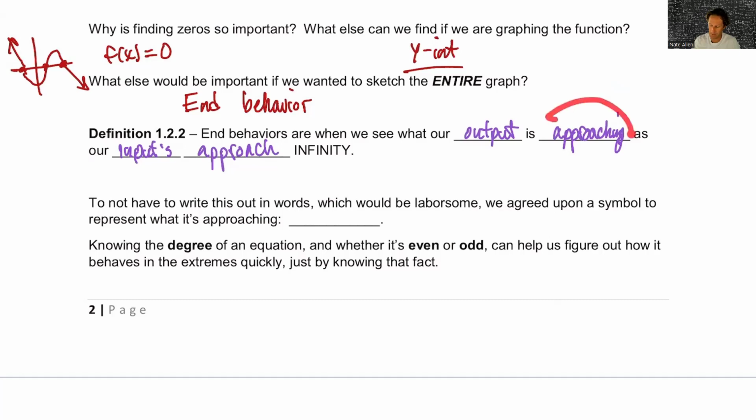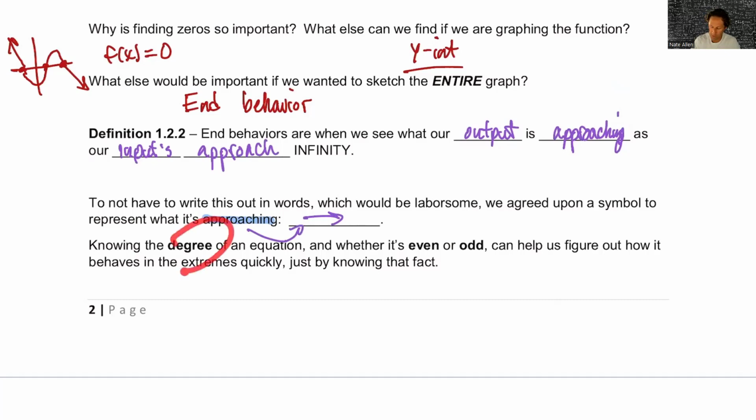And because that is a lot of words, we want to go ahead and give it a symbol. What do you think approaching means? Well, the way that we've always written it was with an arrow, so we're going to keep it that way. We're just going to use that as our symbol for approaching.